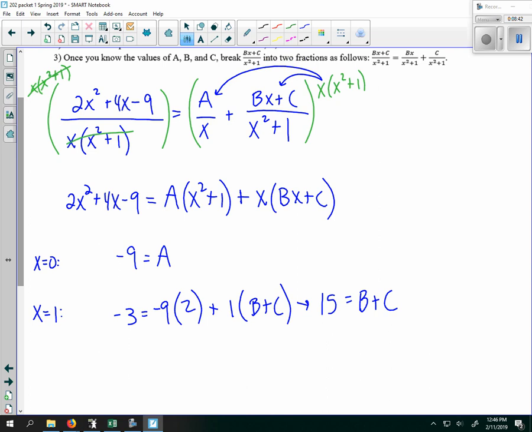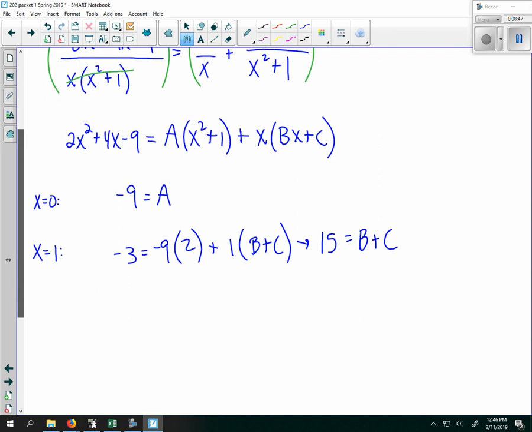Now I'm going to do one more value of x. Maybe I'll do x equals negative 1. If I put negative 1 in here, I get 2 minus 4 is negative 2, minus 9 is negative 11.